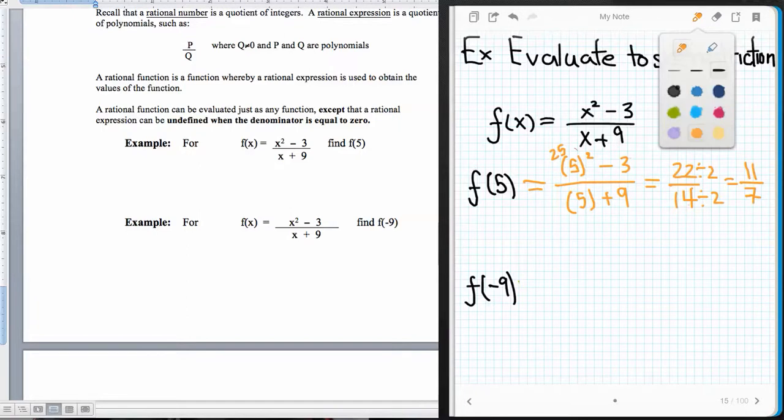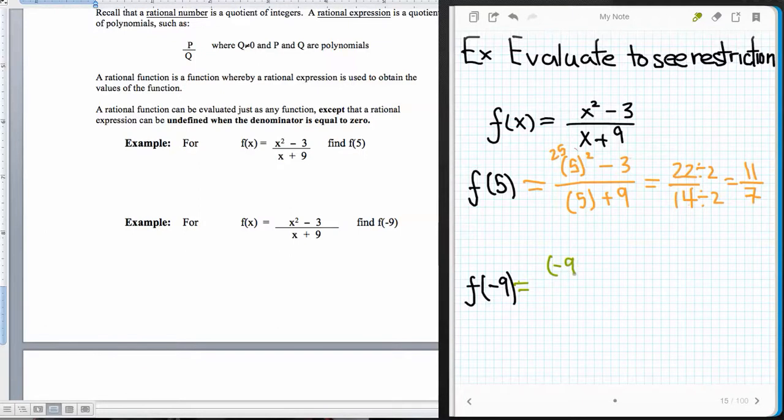Now, when we go to the second one, we're going to see something a little different happen here. So in this case, when we go to evaluate, we put in negative 9 here, squared minus 3, over negative 9 plus 9. Negative 9 squared is 81. Negative times a negative is positive, remember.